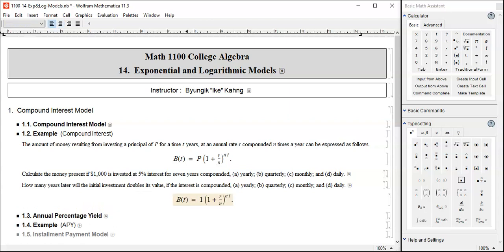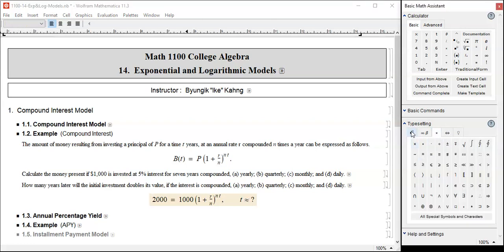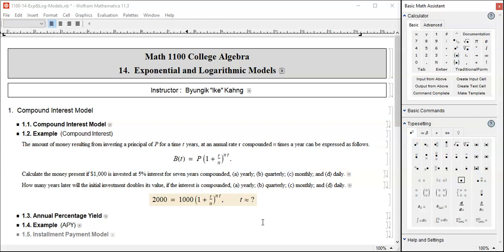So I start from 1,000, and then t years later, it has doubled. Basically, that's what you have to do. And of course, this is not something you can solve precisely, so you're going to end up with an approximate equation after punching the calculator.